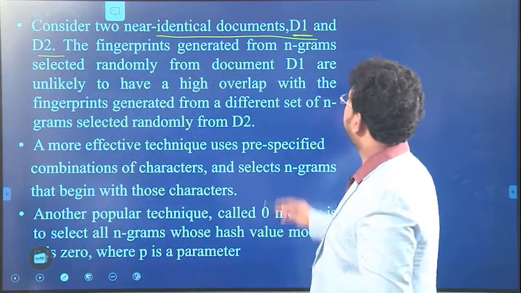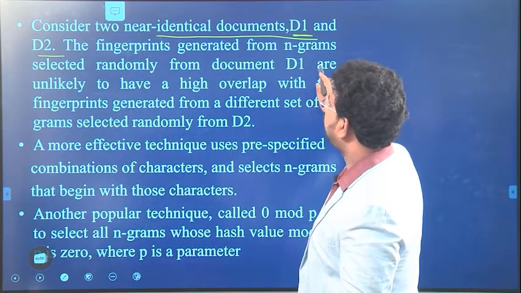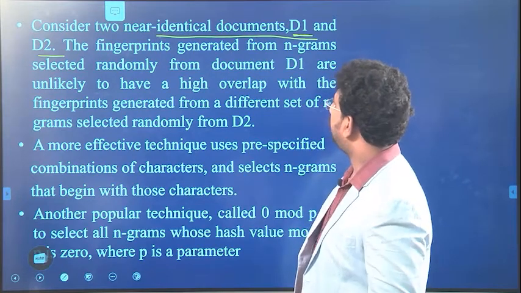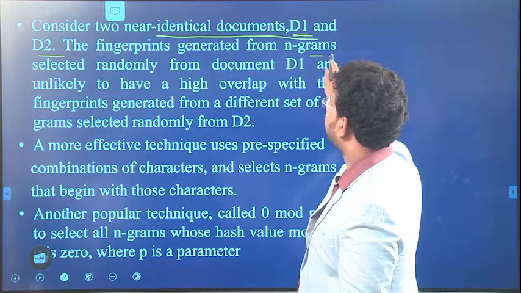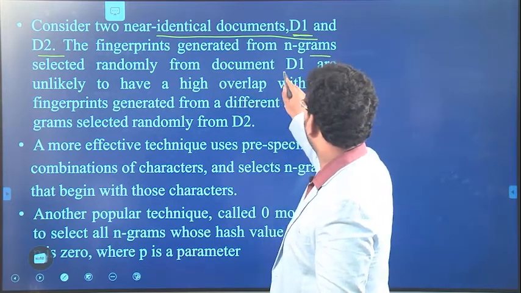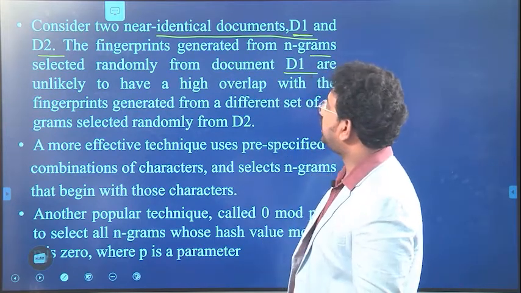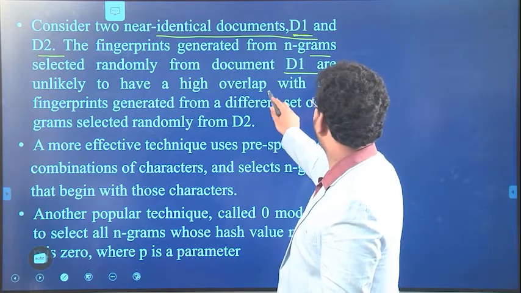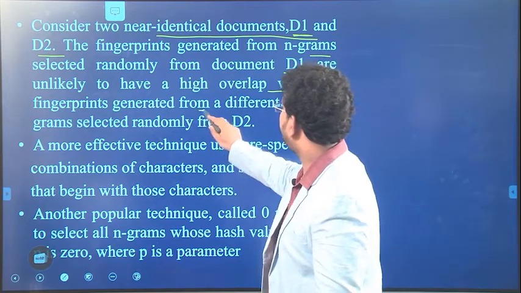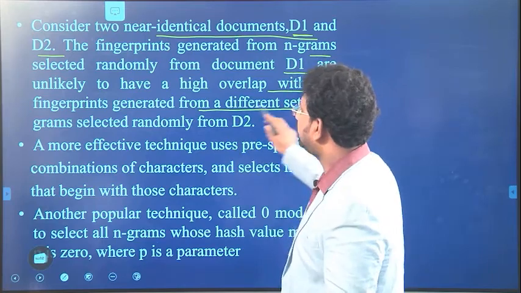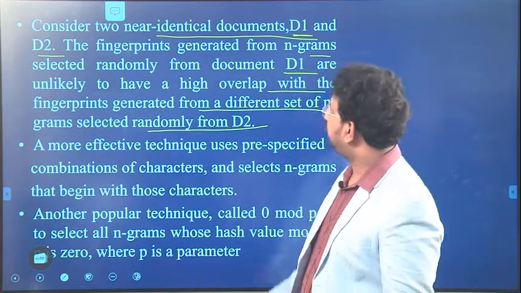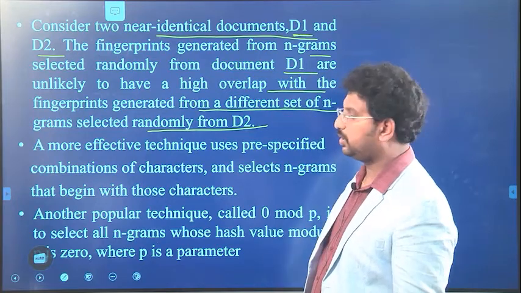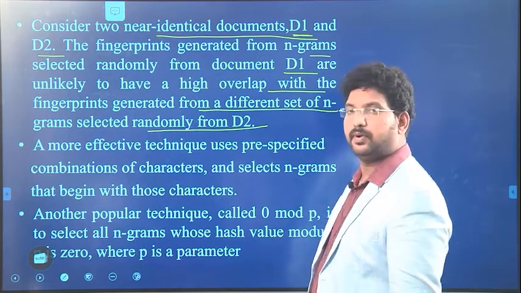The fingerprints generated from n-grams selected randomly from document D1 are unlikely to have a high overlap with the fingerprints generated from a different set of n-grams selected randomly from D2. So you choose the two documents and process them accordingly.